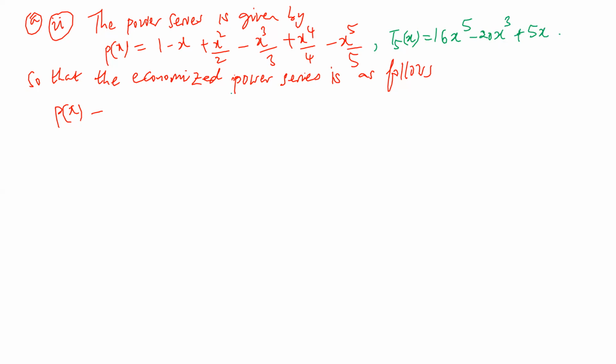So the economized one, we did it last time, we practiced. So we will subtract the T5, the Chebyshev polynomial, so we subtract. Now, at this point, when we economize, we perform subtraction. Okay, we need to put a number here.